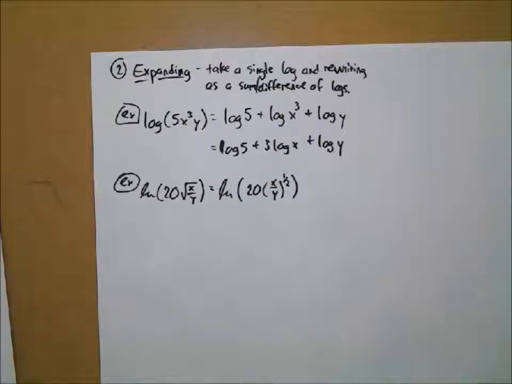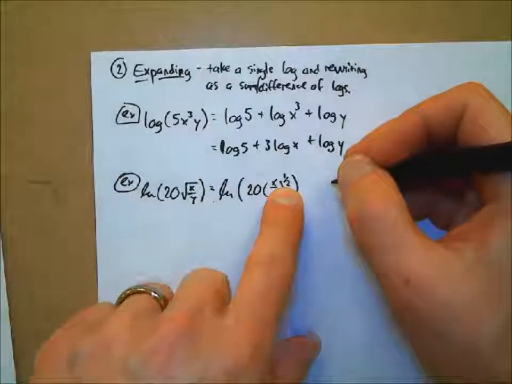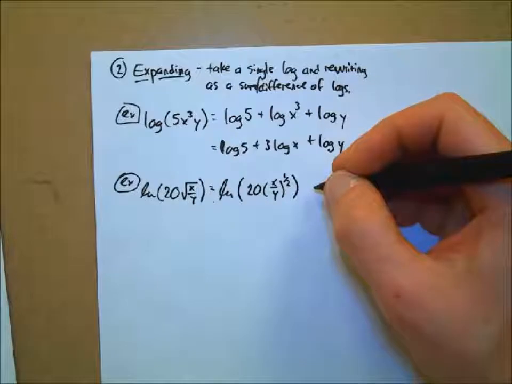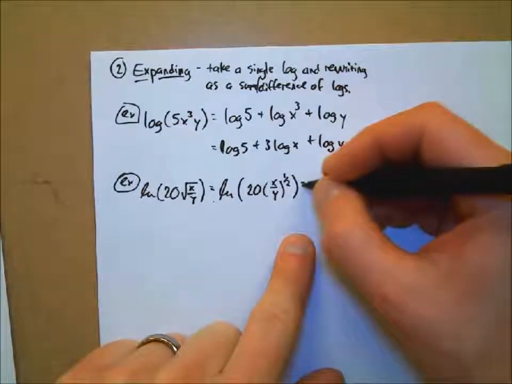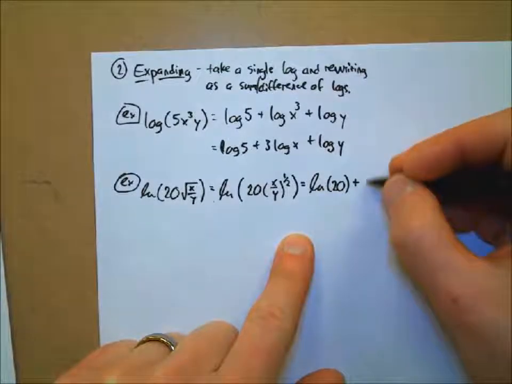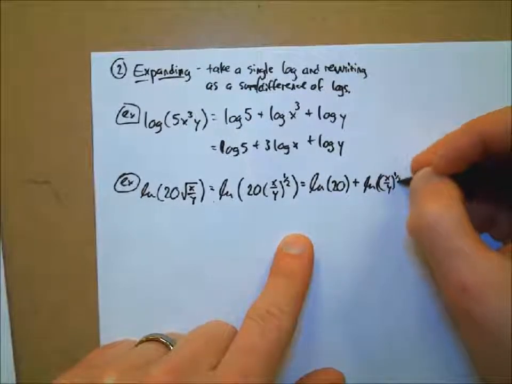Okay, so Hayden says separate the 20 and the x over y to the 1/2. So that will be multiplication in here, which will change to then what? Addition. So natural log 20 plus natural log of x over y, that quantity to the 1/2 there.